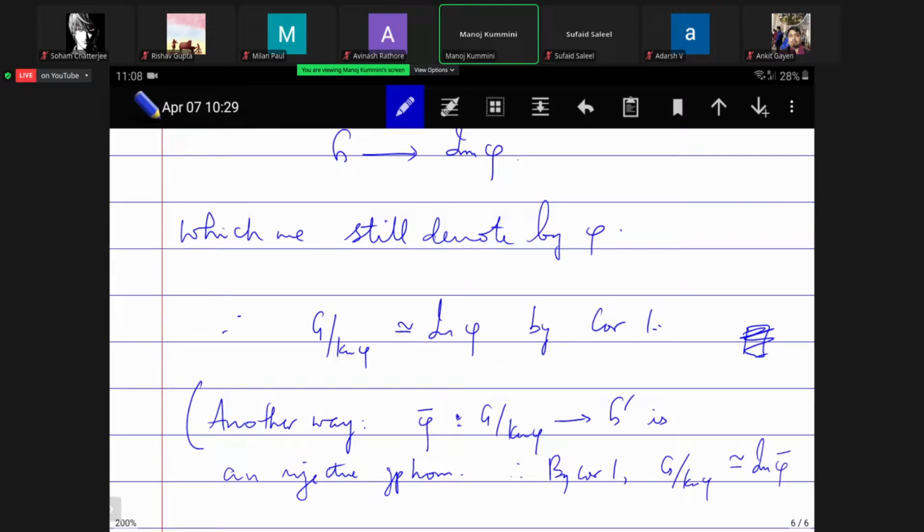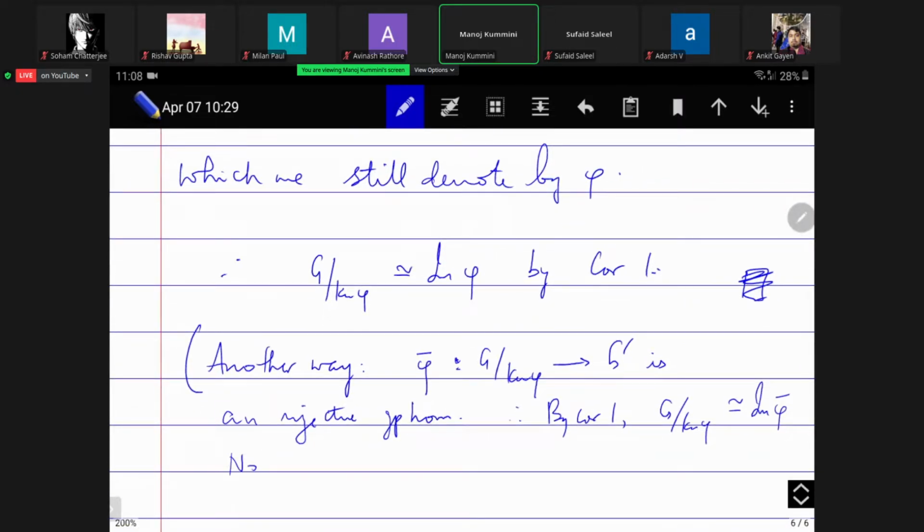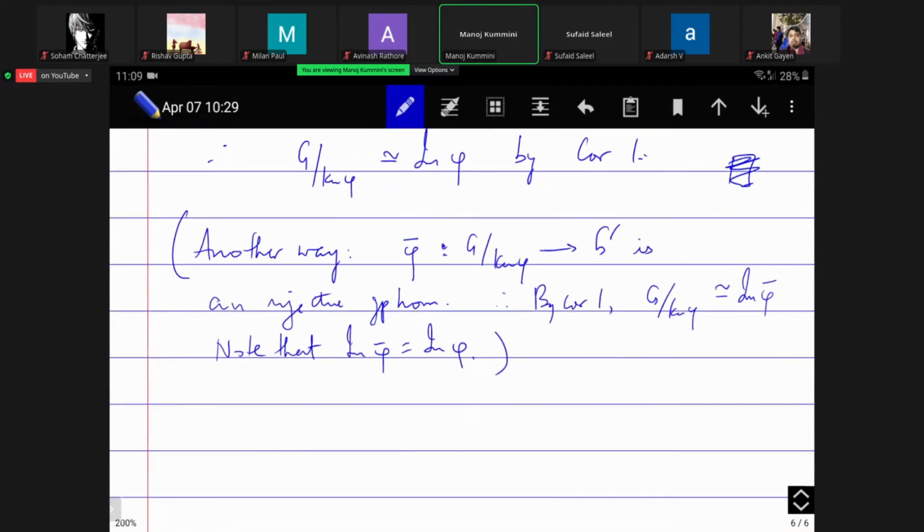But here, in this case, it's also injective, so it's isomorphic. But note that the image of phi bar is equal to the image of phi. That's another way to think about the same. But ultimately, it comes down to this fact that if you have a surjective group homomorphism, then the target is isomorphic to the source modulo the kernel.